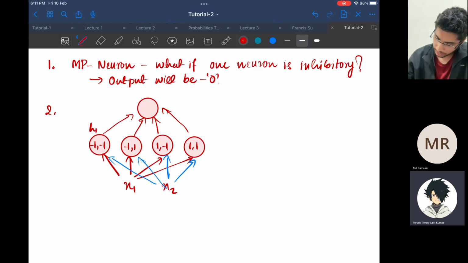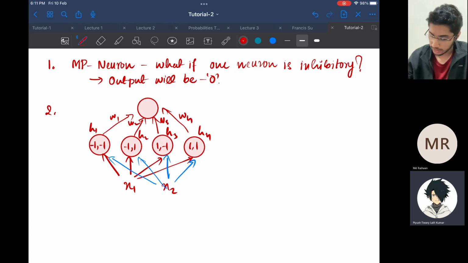The outputs here were h1, h2, h3, h4. These were w1, w2, the weights assigned to each of these individual neurons, and there was a bias term which was -2.